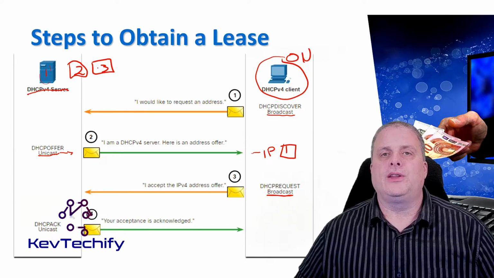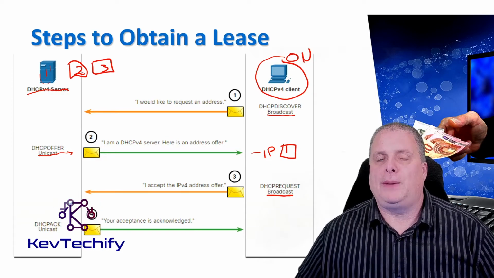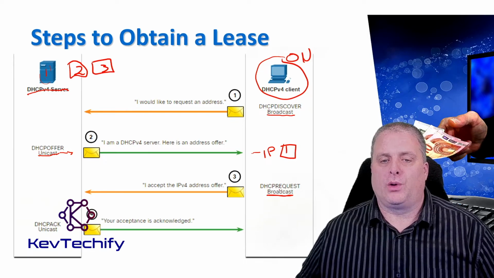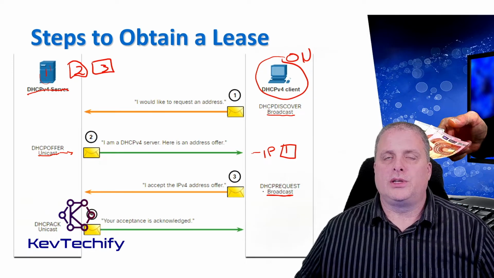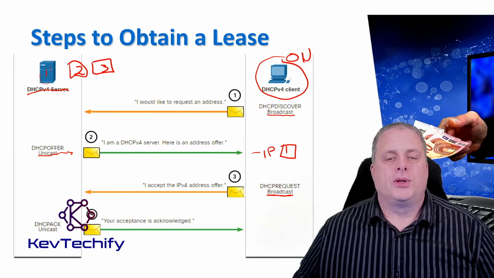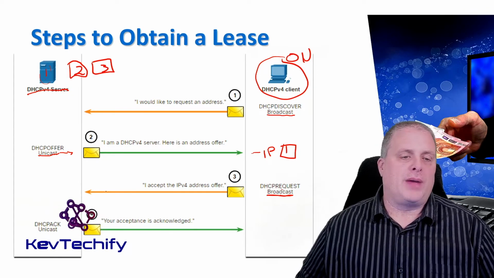And so they can return that IP address back into the pool, and somebody else can use their IP addresses. And that's why this is a broadcast here on step 3 for the request. So if there's multiple DHCP servers, we can send back the unused requests, put those IP addresses back in the pool.